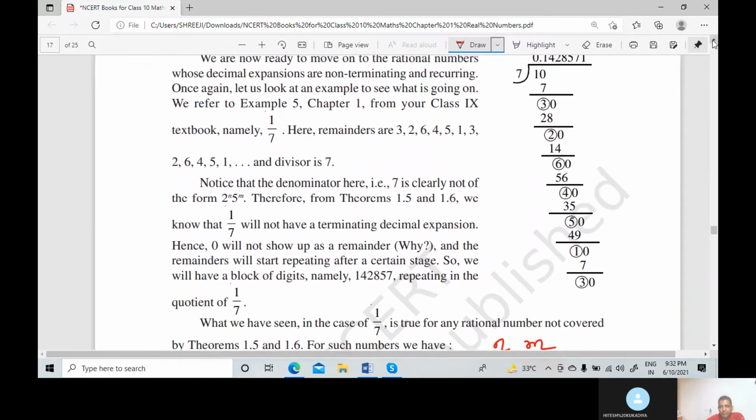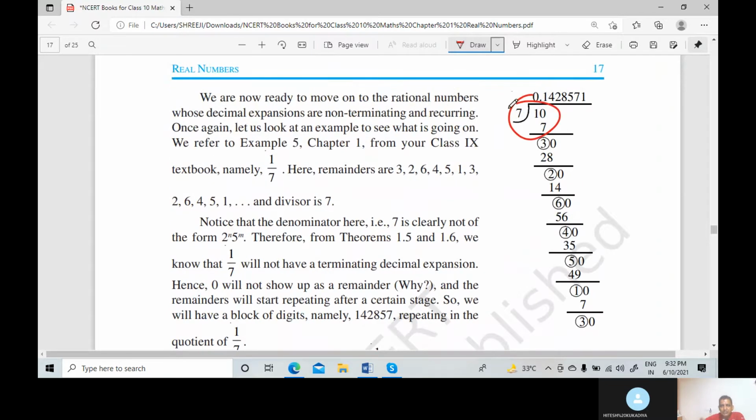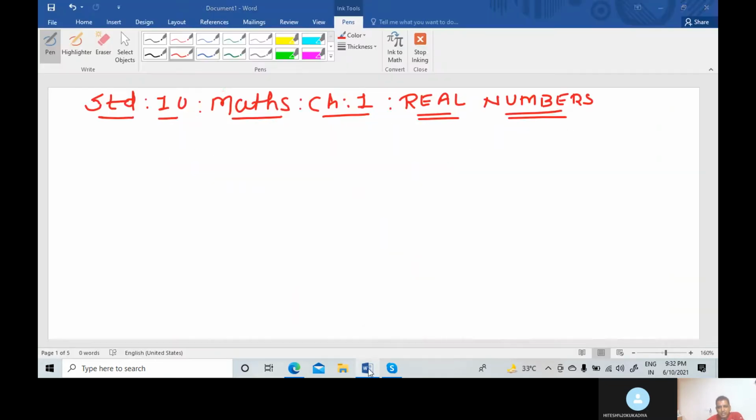Now we discuss the example given. Look at this example; we calculate in our notebook. Suppose you have already studied in 9th standard 1 upon 7.